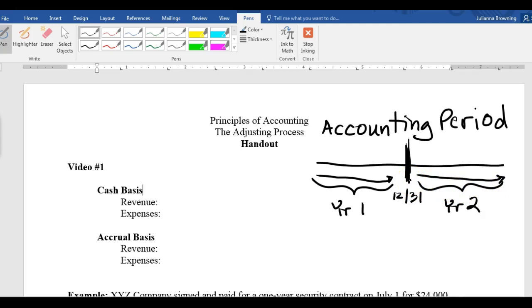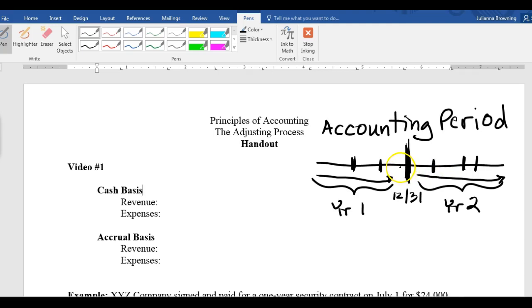So when we look at individual transactions, if we have something in July of year one, it's very easy to say that it goes into year one. If it's in September, October, November, all of those things are very easily identifiable as going into year one. Same with year two. If we have something in April or May, it's very easy to identify that they do go into year two. Even if something is in February.